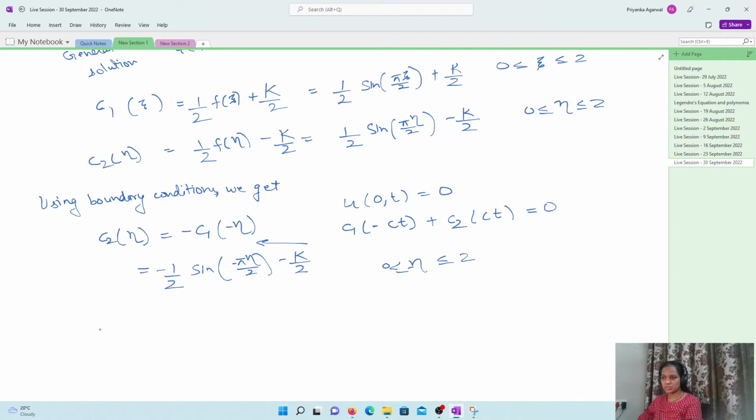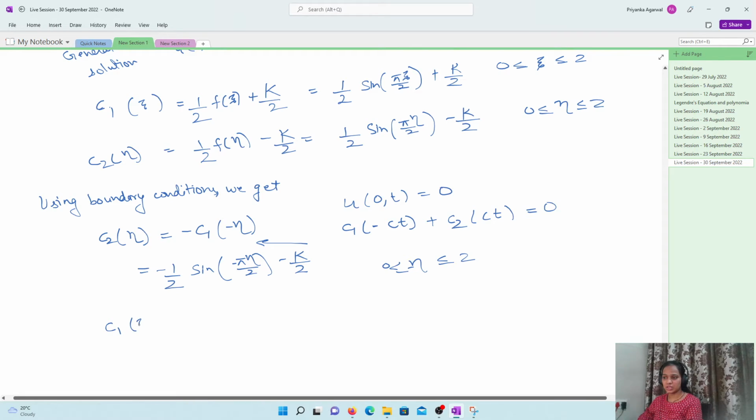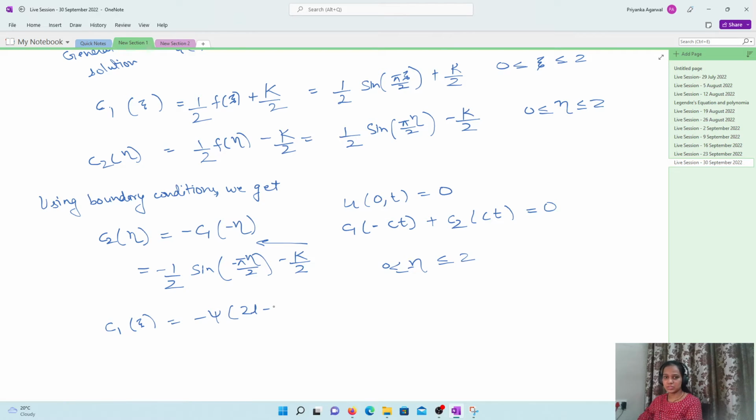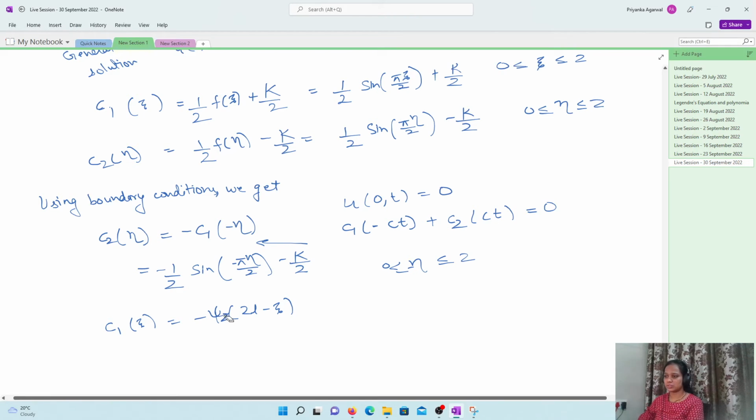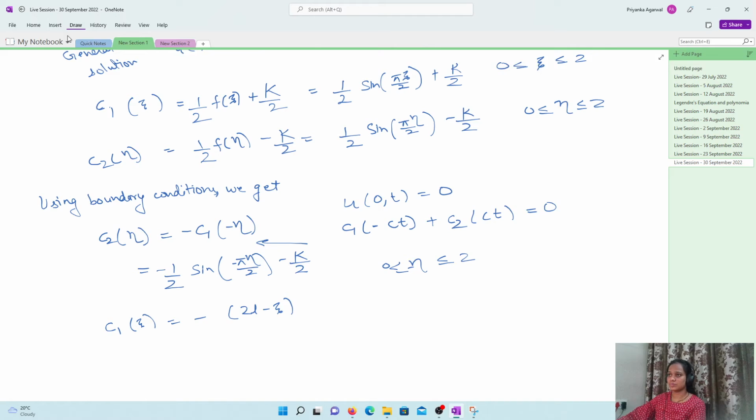Okay, and similarly we write C1 of xi, we have minus C2 of 2l minus xi. Okay, and when we have this it becomes minus 1 by 2 sine of 4 minus xi over 2 into pi plus K by 2.